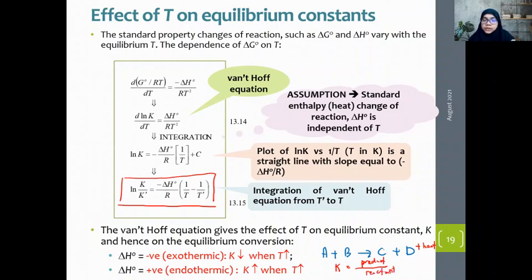By increasing the temperature, we're going to reduce the value of K. So we're going to have a decrease of the equilibrium constant. But for the endothermic, that means we absorb heat into the reaction. And then by increasing the temperature, we're going to increase the value of K, because when we absorb this heat, it is going to increase the product.